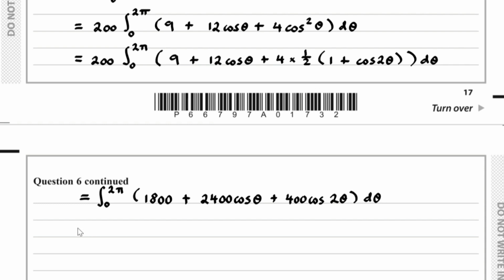So if I work all of this out, because if I add on the 4 times 1/2 times 200 to the 1800, I get 2200.